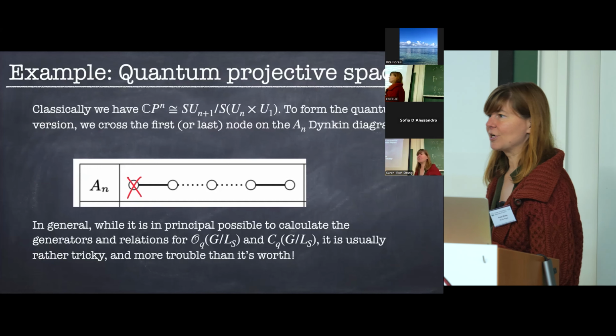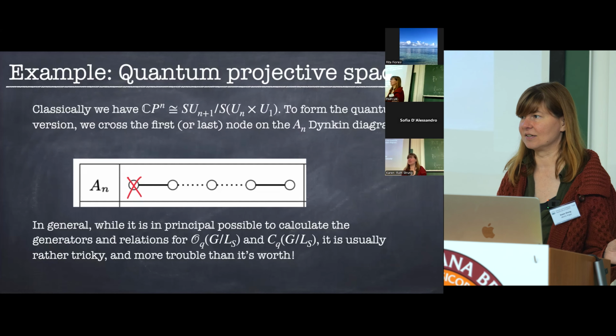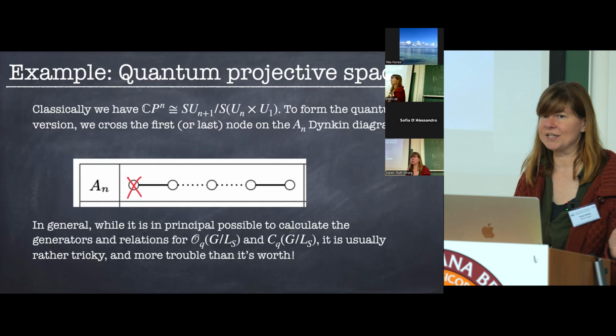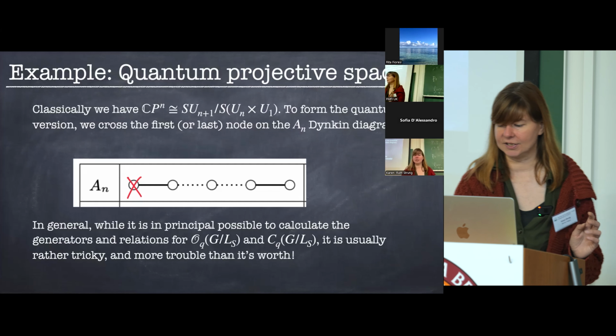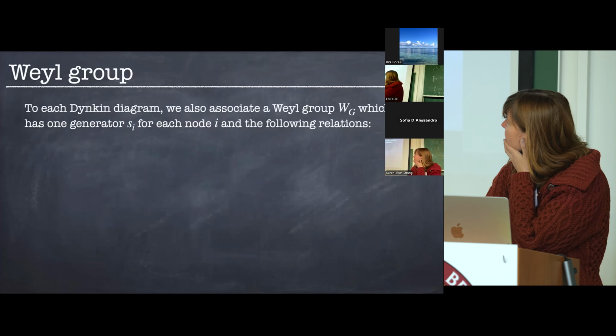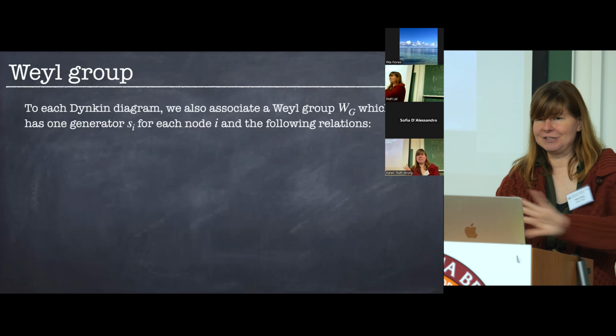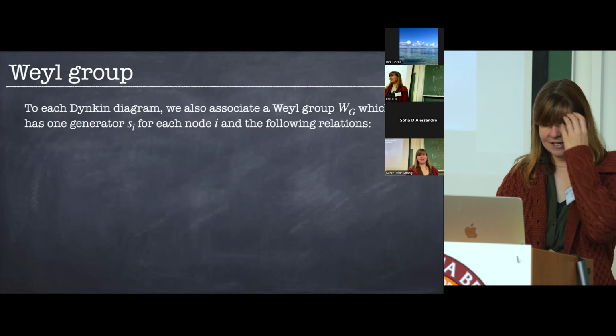It's not so bad for quantum CP^N, but as soon as you move to Grassmannians, it gets quite unwieldy quite quickly. However, for us, from the graph C star algebra perspective, fortunately, we don't need to worry about that.